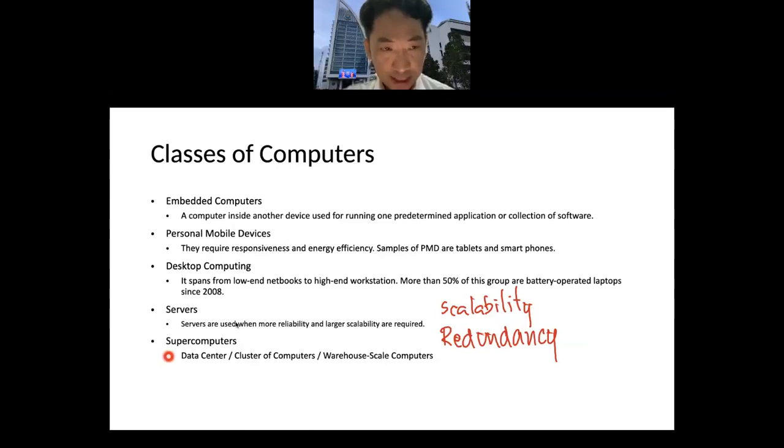How about the next? Supercomputers. What do you think the difference between servers and supercomputers is? Any idea?